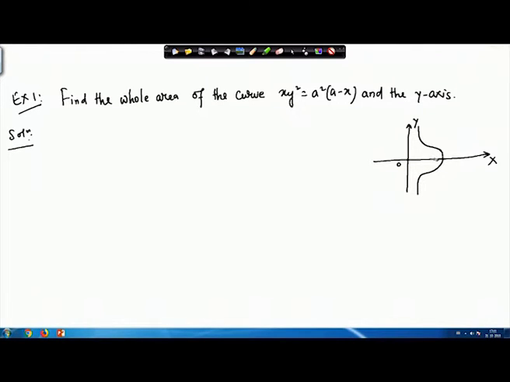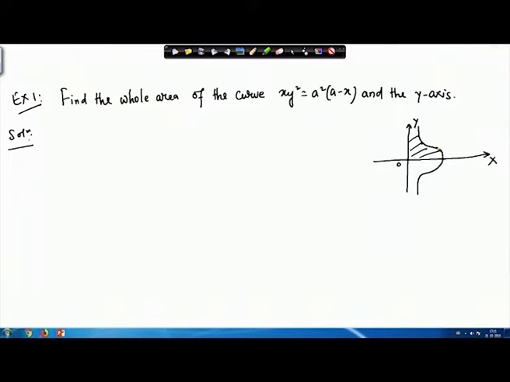We have to calculate the area between this curve and the entire y axis. Of course this curve is symmetric along the x axis, so we have to calculate the area of this region up to the y axis, and then we just multiply it by 2.